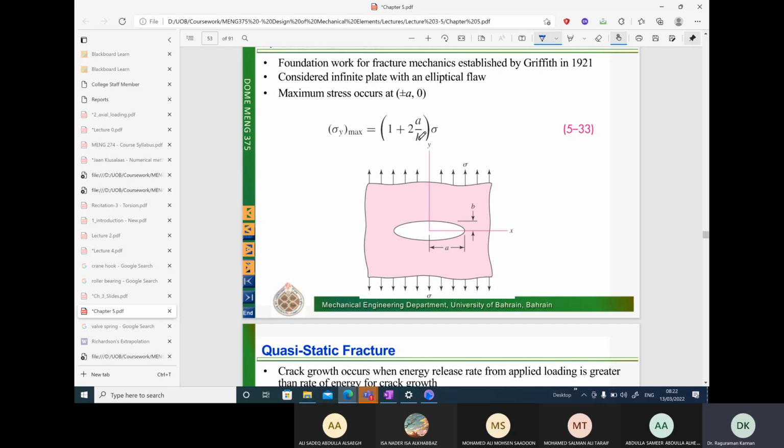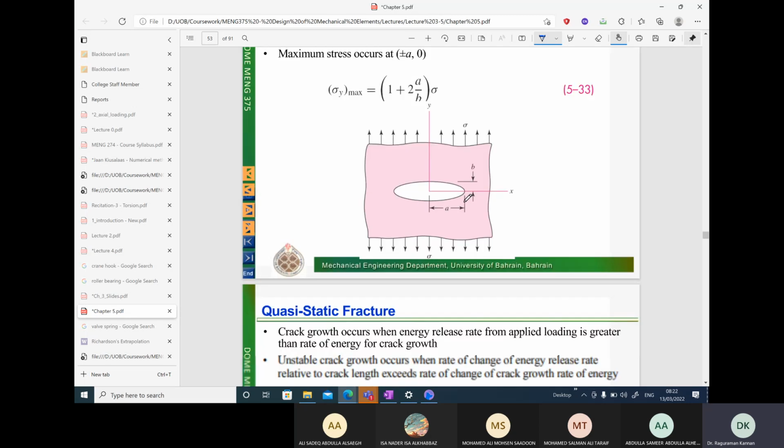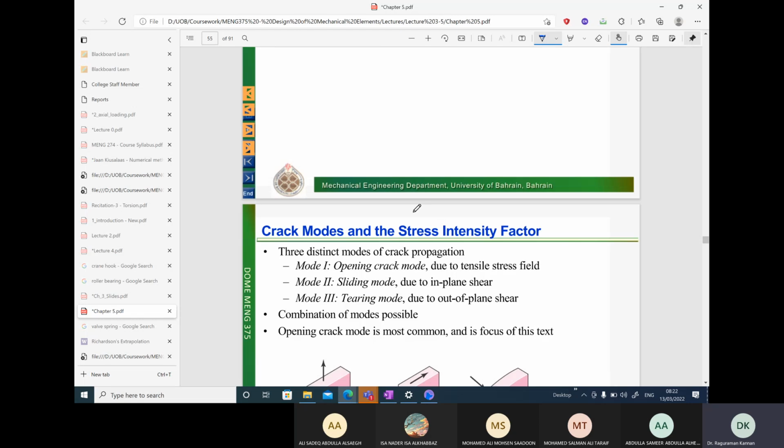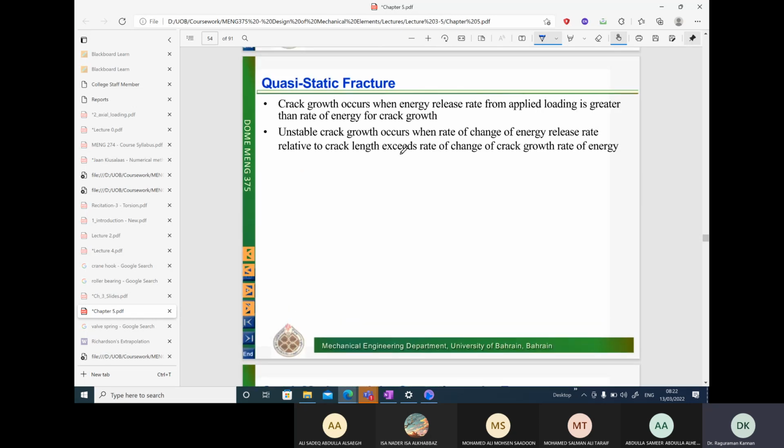So if you let B go to a very small value, the stress concentration factor here will increase to very high values, and you can see here the maximum value of stress also increases due to stress concentration effects. So this is a very crude way of solving a crack problem, but there is enough theory and experimental research behind crack propagation theory, and we will see better theories for the same.